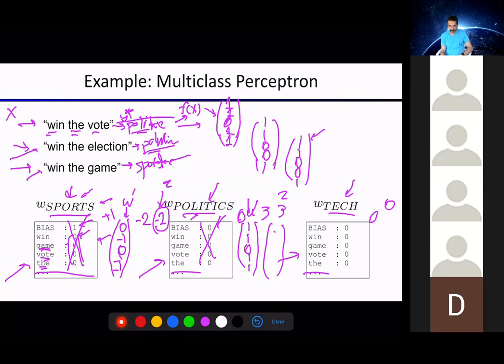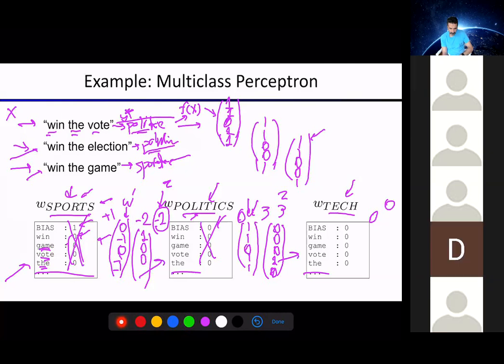So it is 0, 0, 0, 1, 0. So this is the updated feature weight. And for this one, we need to add it because this was the correct label, sport. So we want to add it, would be 0 here, 1 here, 0 here, 0 third, -1, and 0. Okay.